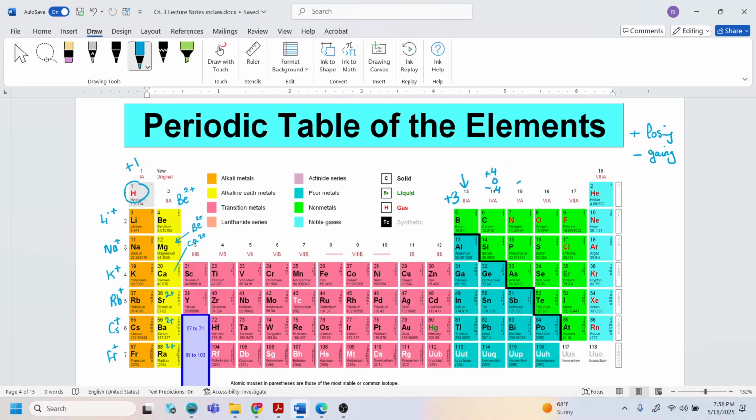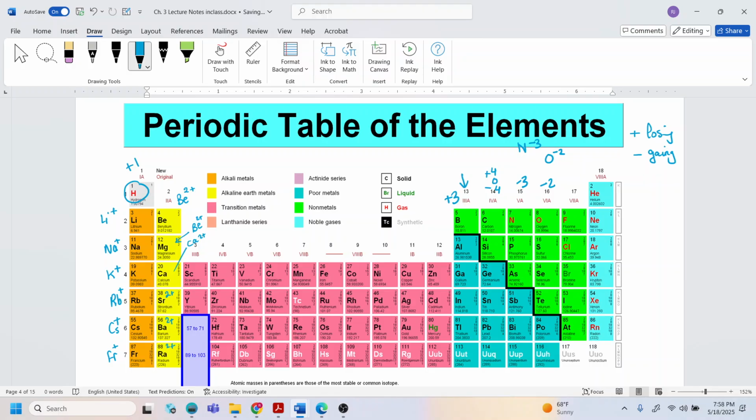So that is going to be negative three because they gain three electrons. Group number six, which is the oxygen, the sulfur, gains two electrons. So normally when we want to represent a nitrogen ion, we represent it as N minus 3. This is called a nitrogen ion. An oxygen ion is an O negative 2.